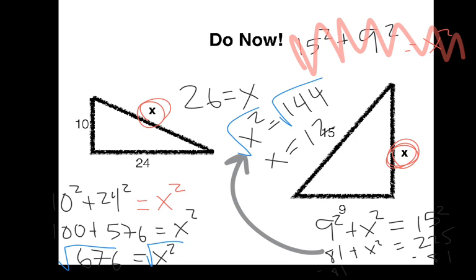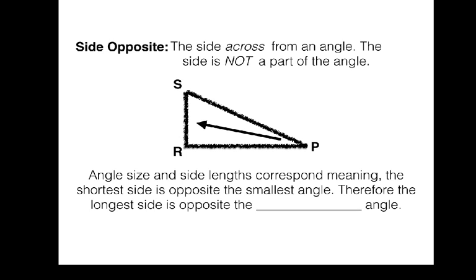Be careful. The opposite side I keep talking about is exactly what it sounds like. If I was looking at angle P, we would go across the way. It's the side across from the angle, just like this arrow is implying. And also notice that side SR is not a part of the actual angle P, whereas SP and RP are sides of the angle.